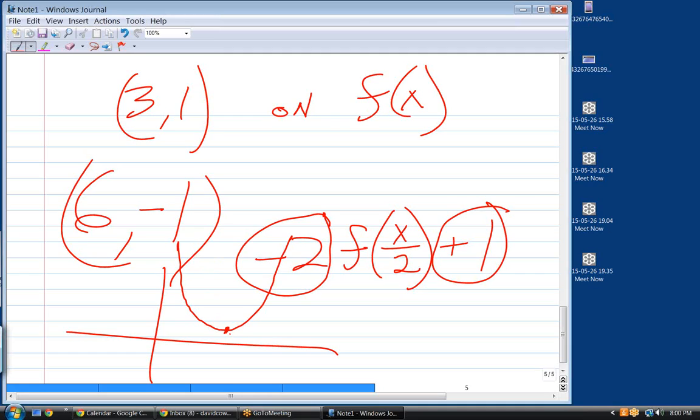Notice that doesn't change its x value. If I reflect that function, the x value stays the same. But the 2 vertically stretches it, so it turns the 3 into a 6. The plus 1 doesn't change the x value of the function either.